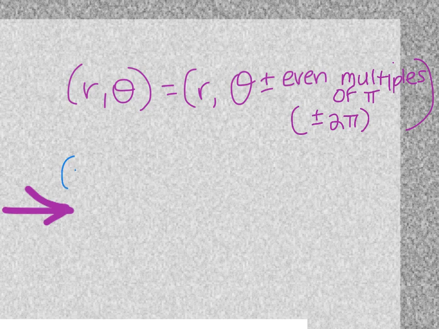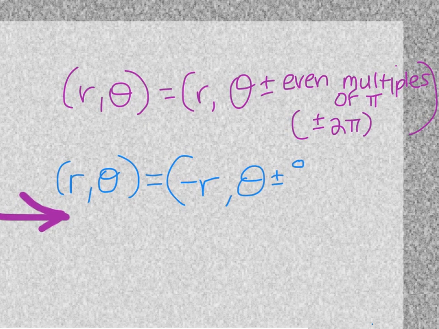The other option is to change the sign on r, making it negative, and then add odd multiples of pi. And for those, most of the time, we used plus and minus pi.